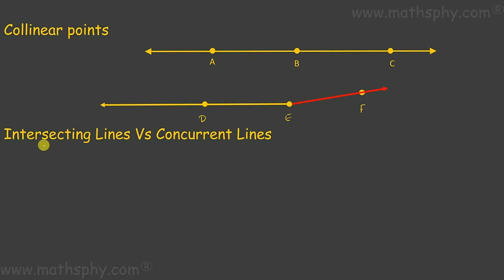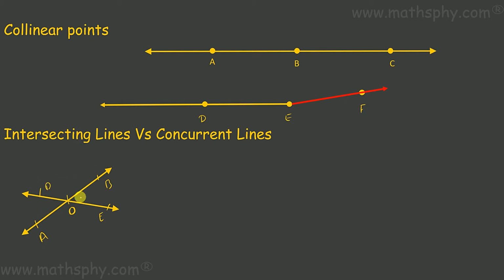Then we have intersecting lines and concurrent lines. 2 lines, suppose this is AB and this is say DE. Both of them are intersecting or cutting at one point. Say this is O. We call it intersecting lines.